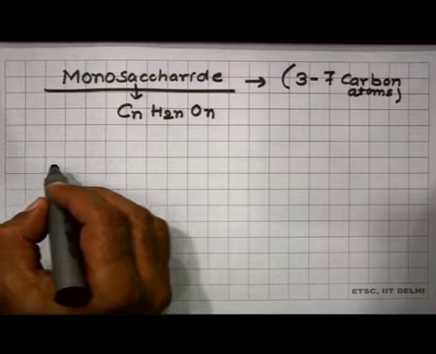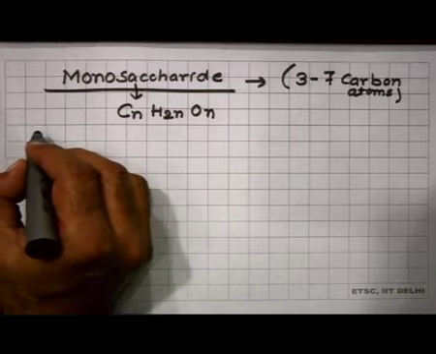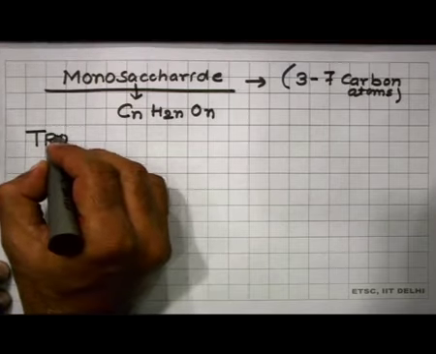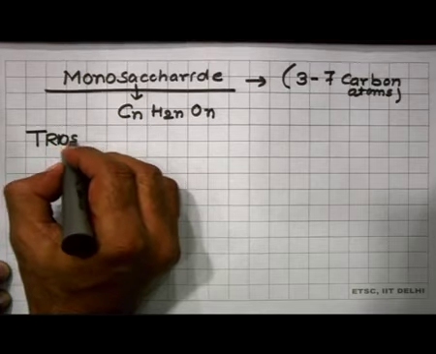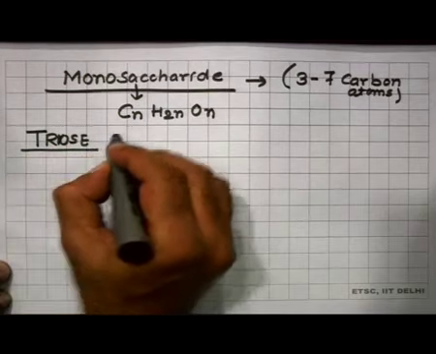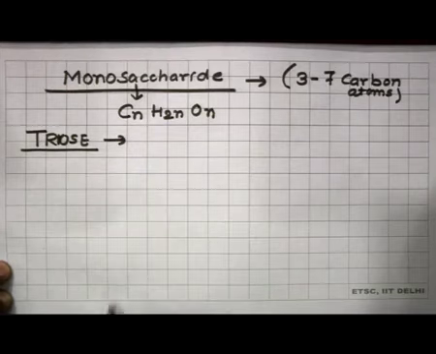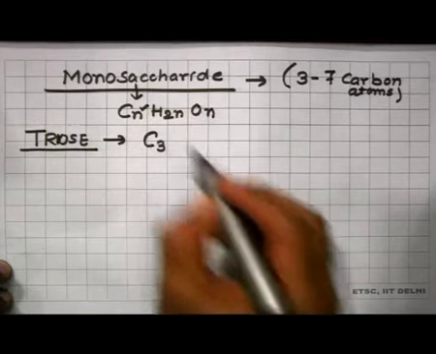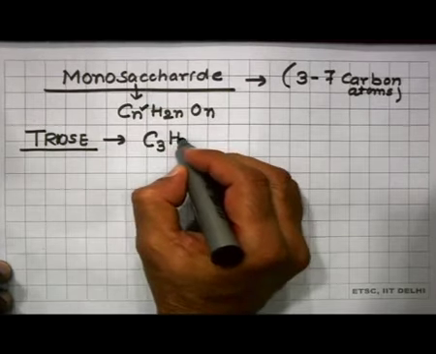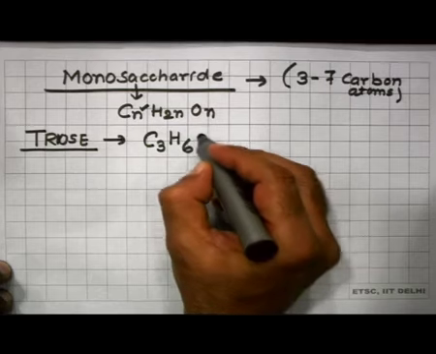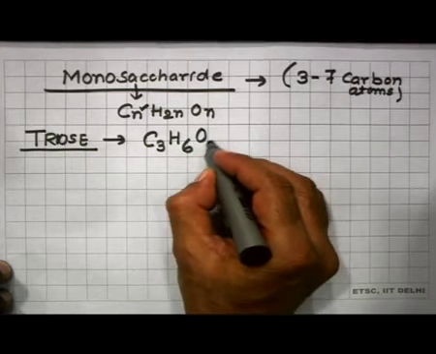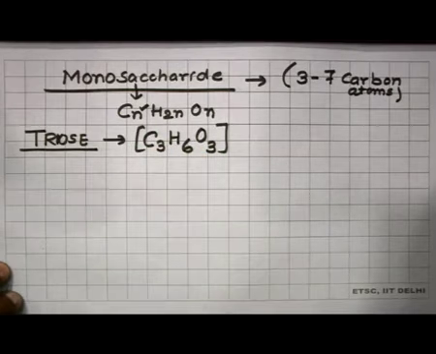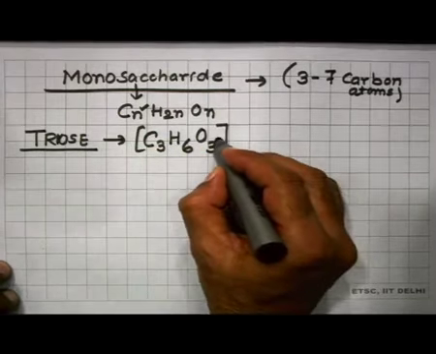Now, when the monosaccharide is made up of 3 atoms of carbon, that is called triose. Here n is 3, hydrogen will be 6 and oxygen will be 3. So, the general formula of triose is C3H6O3.